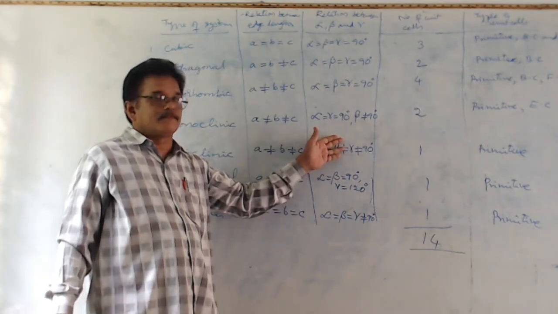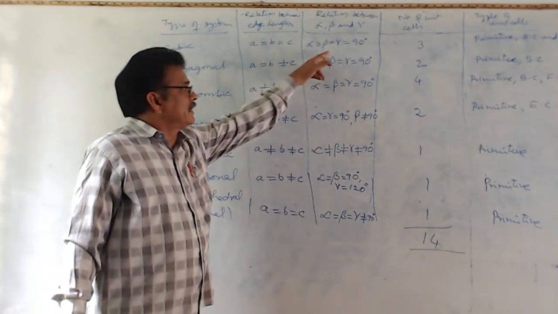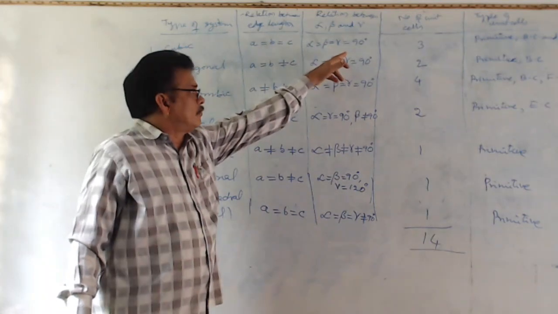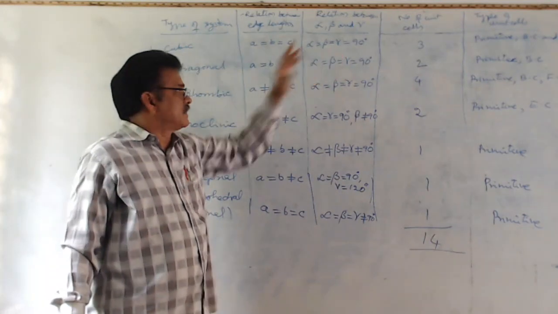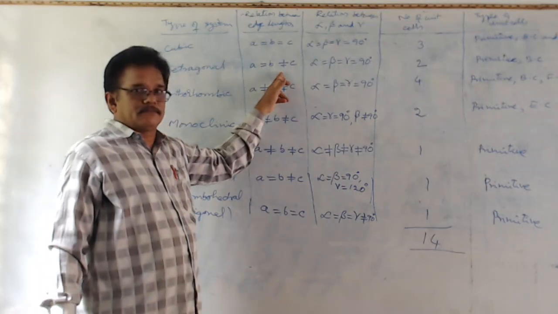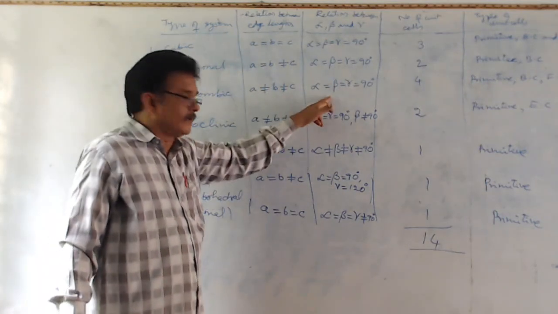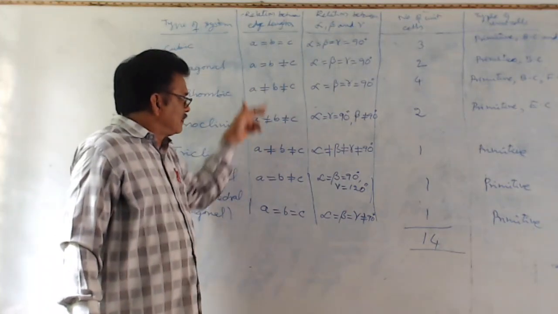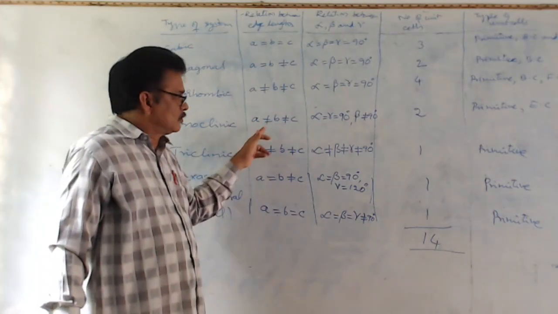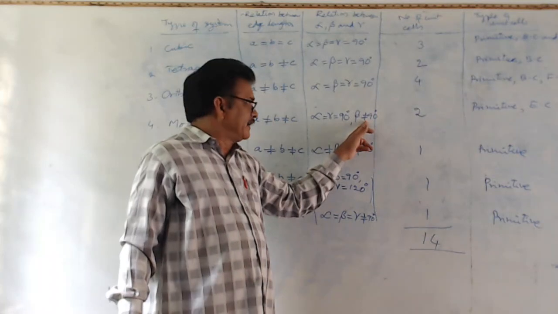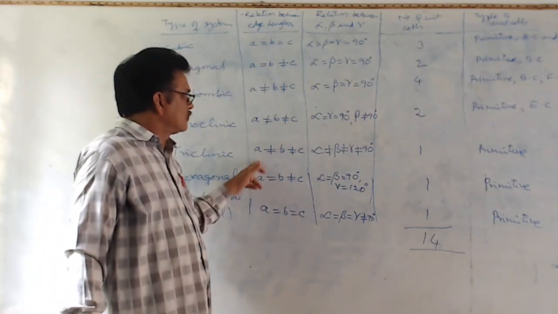How are they easy? Here all are equal, and the angle between two faces is 90. Here one is different. These are the same. Here these two are different. Here same, and here all are not equal. 2 are equal. One is not equal to 90 degrees. Okay. These are also not equal.